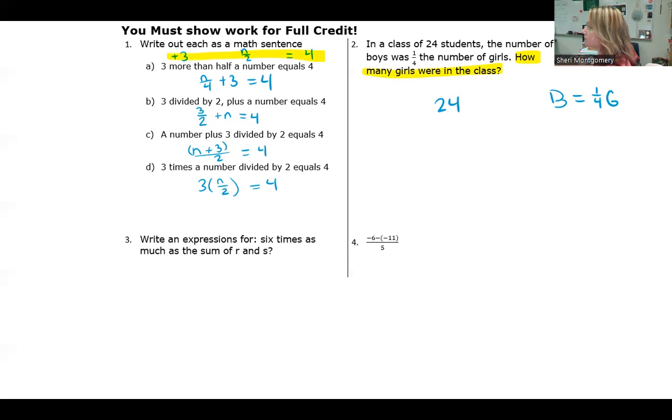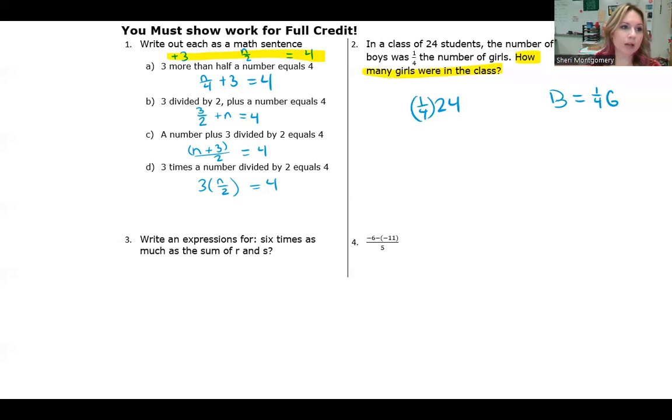Right? Okay. Well, we need to figure out how many girls we have, right? So what we can do is we can figure out, well, what's 1/4 of the number of students? So we can do 1/4 over here.